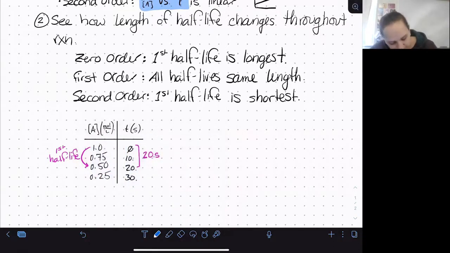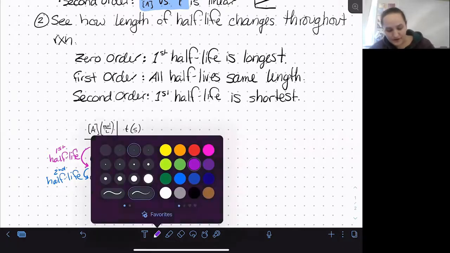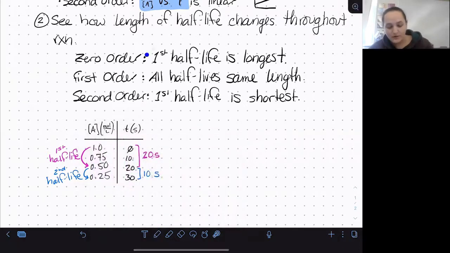My next half-life, going from 0.5 to 0.25, would be my second half-life for this reaction, going from 20 to 30, is only 10 seconds long. So in this case, my first half-life is longer than my second one. You can assume that that trend would continue if we had more data.